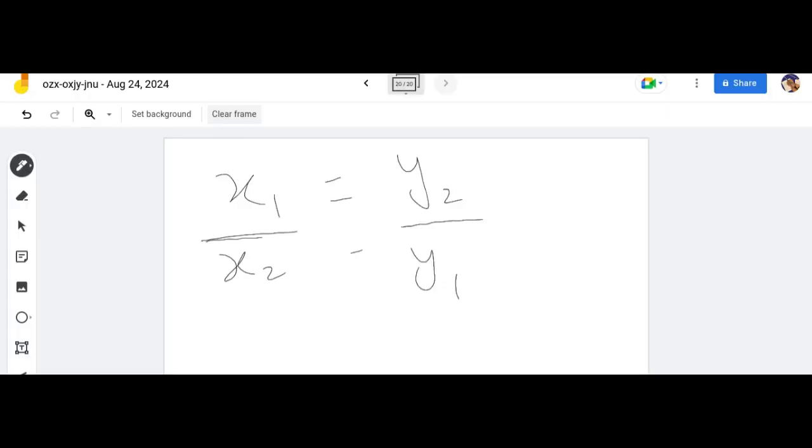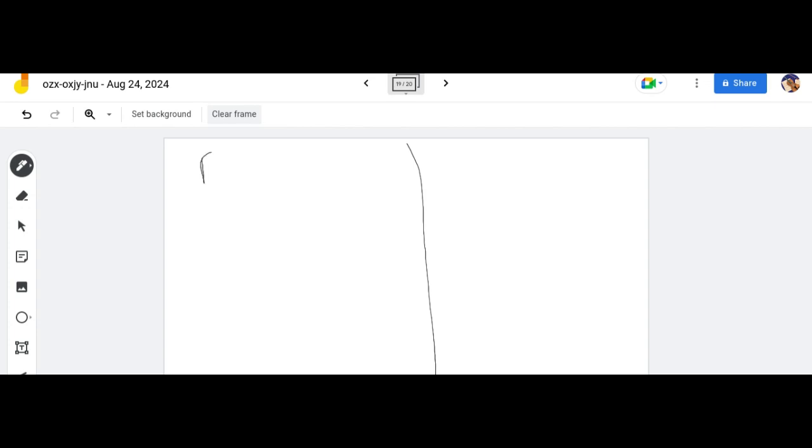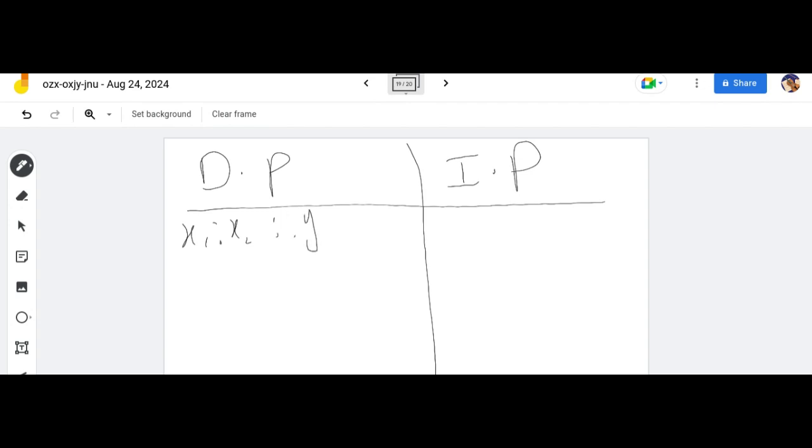Let me write one more time. Draw this table in your notebook. This is direct proportional, this is inverse proportional. In this, x1, x2, y1, y2.